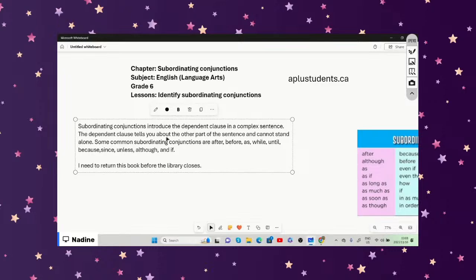And the dependent clause tells you about the other part of the sentence. And like we said, this dependent clause cannot stand alone. The dependent clause needs the independent clause within a sentence.